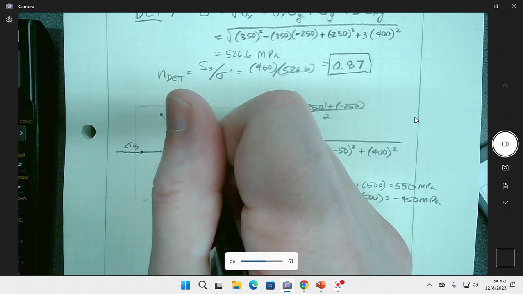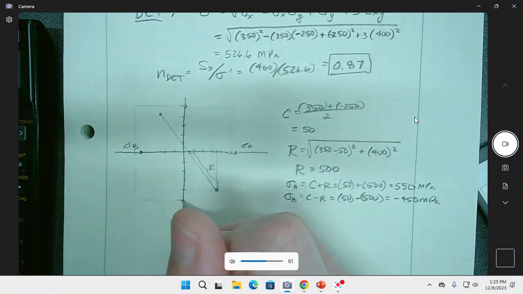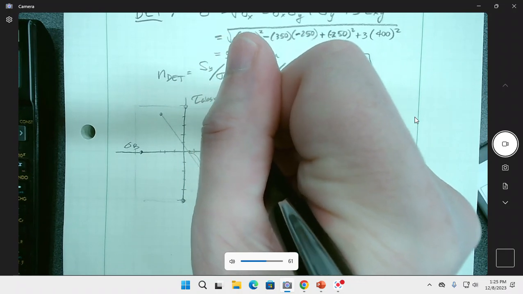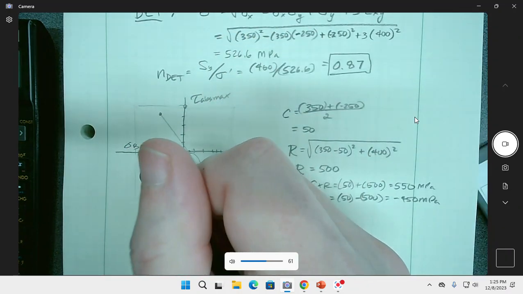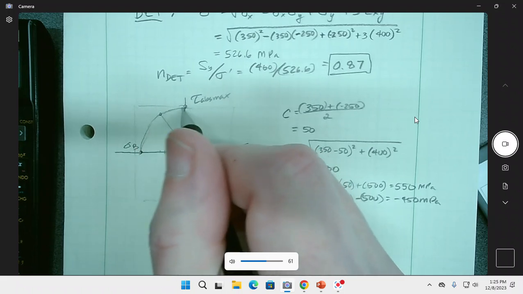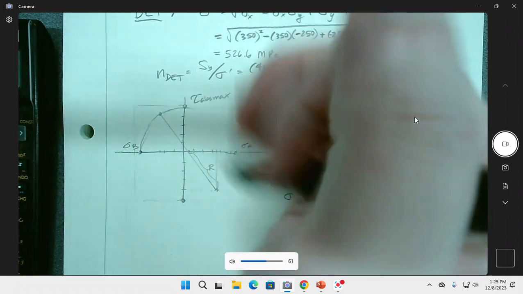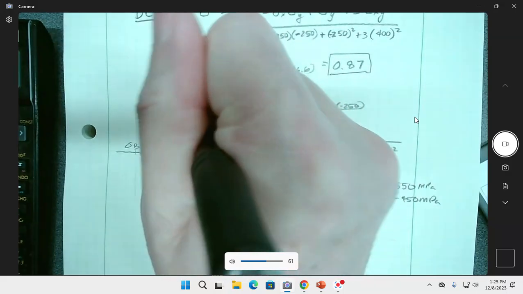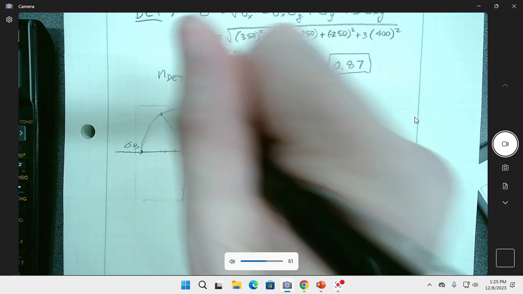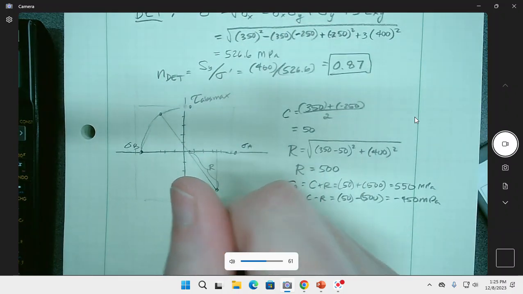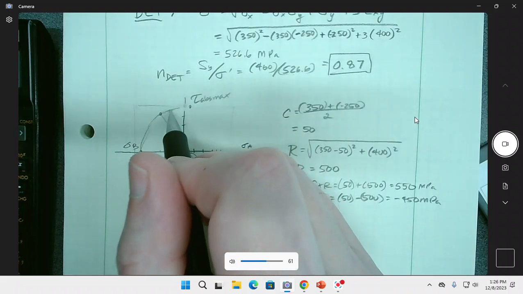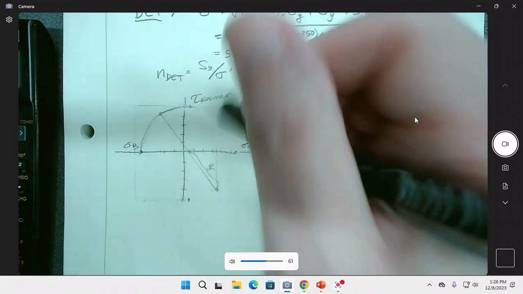It should be like right there, or right there for my tau abs max. Oh, sorry. I'm a little wrong. It should be right there. And right there. Not on the axis, but right above the center point.